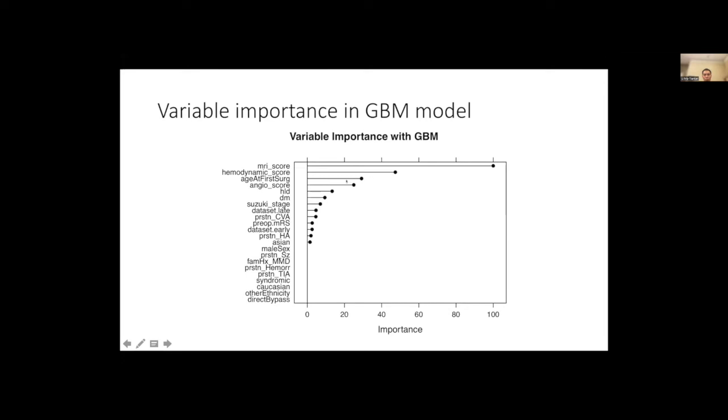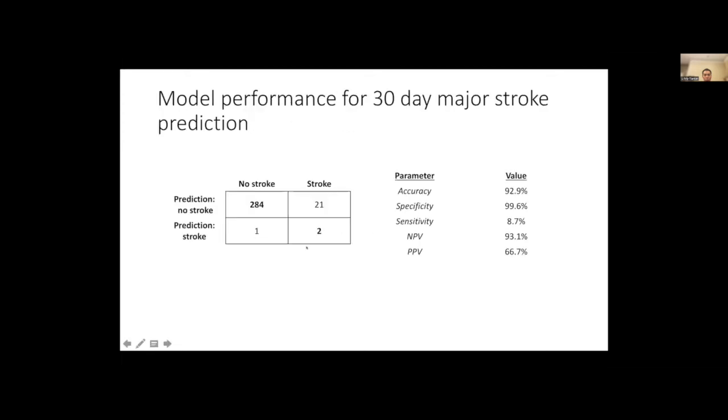With this model, the 4 factors that are the highest predictors for stroke risk are the MRI score, hemodynamic score, age at first surgery, and the angiographic score, which are essentially the same 4 factors as we saw in the Stanford Berlin Moyamoya grading system. The rest are not as strong. So how is it in the testing set?